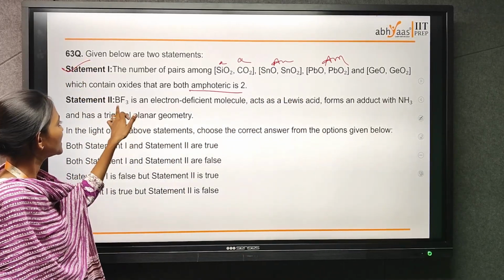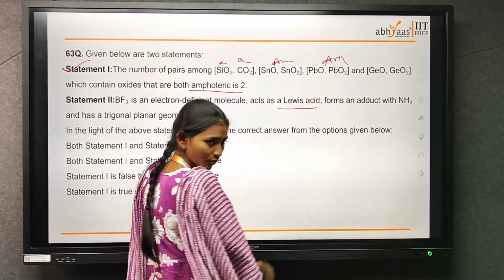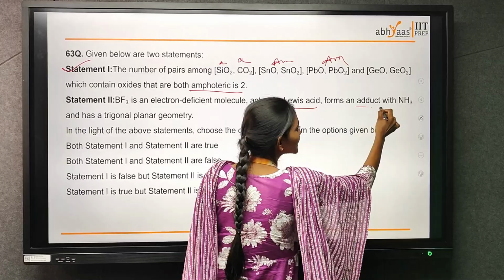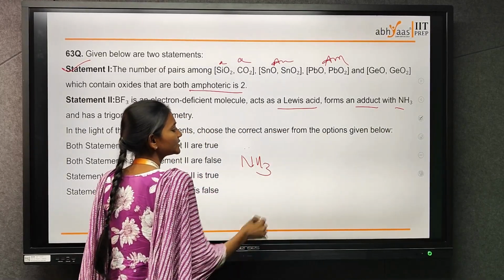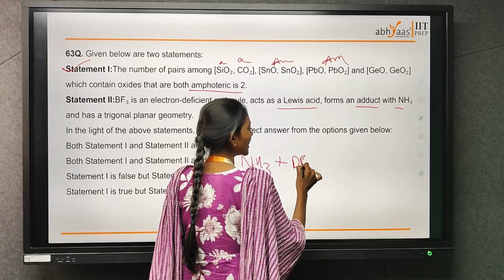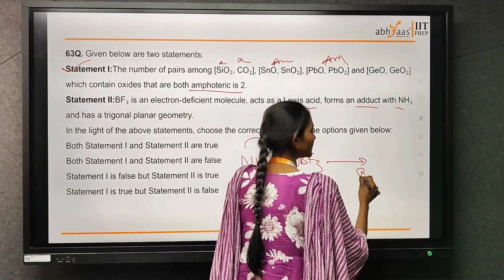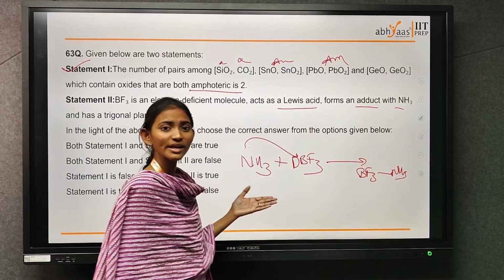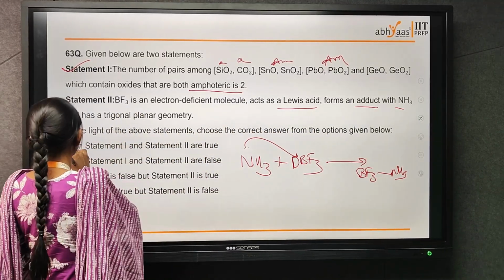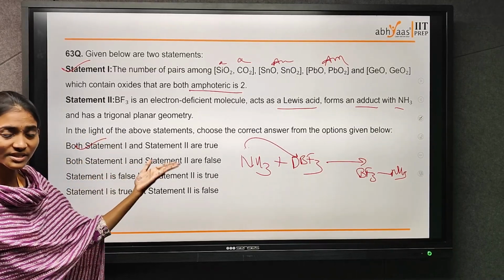Coming to the next statement, BF3 is an electron deficient molecule and it acts as a Lewis acid, and it forms an adduct with NH3. NH3 has a lone pair, and BF3 has a vacant orbital, so when they combine you get the adduct. So this statement is also correct. Both statements are true.